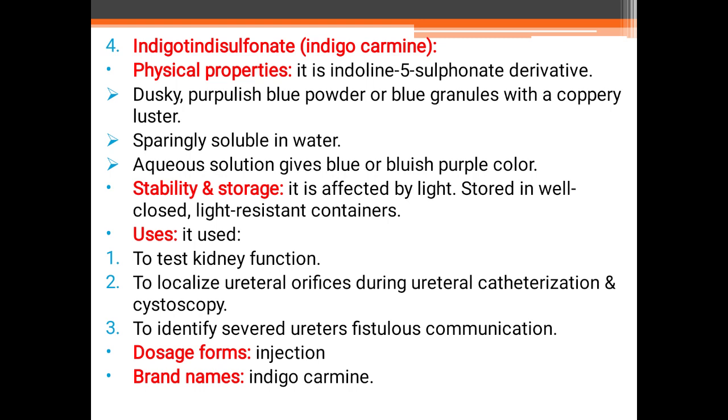Stability: it is affected by light, so it should be stored in a light protective tightly closed container. Uses: it is used to test kidney function, to localize ureteral orifice during ureteral catheterization, and in cystoscopy to identify ureteric fistulous communications. Dosage form is indigotin disulfonate injection and brand name is Indigo Carmine.